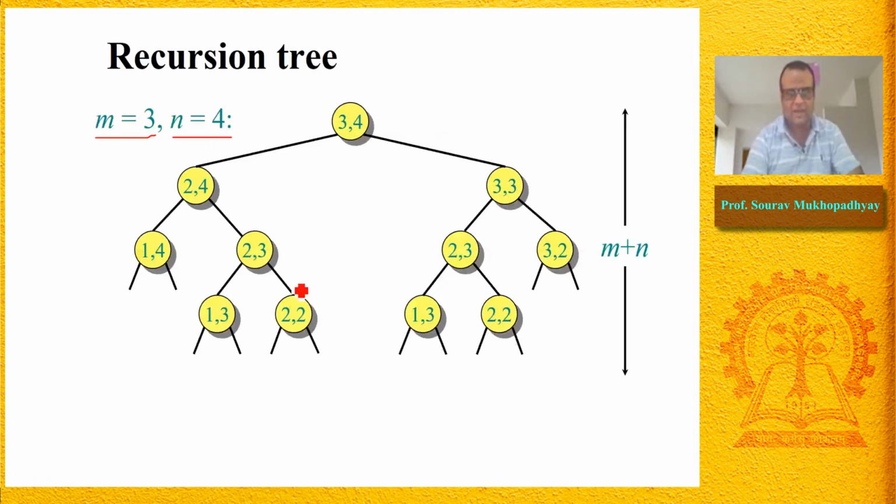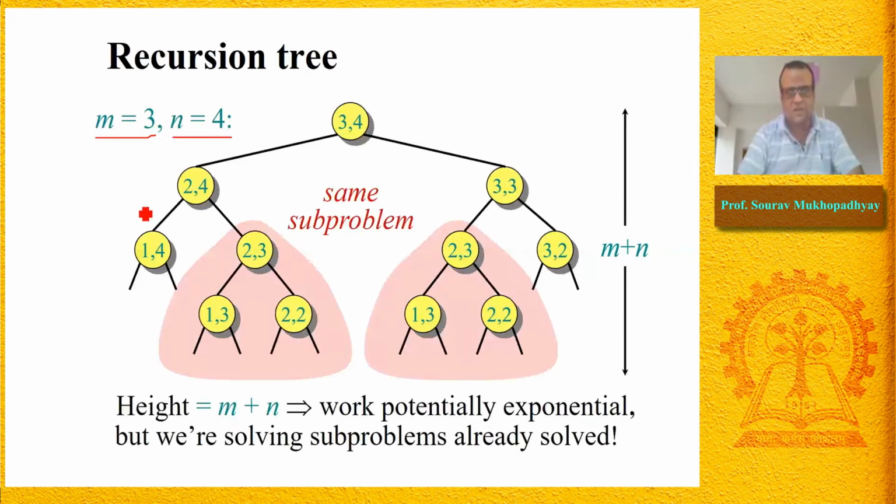But if you look here, there are lots of repetitions going on, because in this part we have the same subproblems. If we calculate 2,3 here, then again here we are calculating 2,3. Once we calculate C2,3, why calculate it again? Somehow if we can memorize that in a table, that is the idea of the dynamic programming technique. We are going to memorize this value once it is calculated.